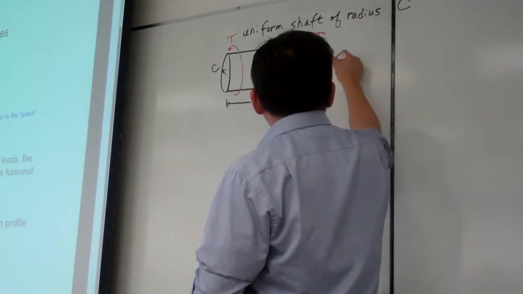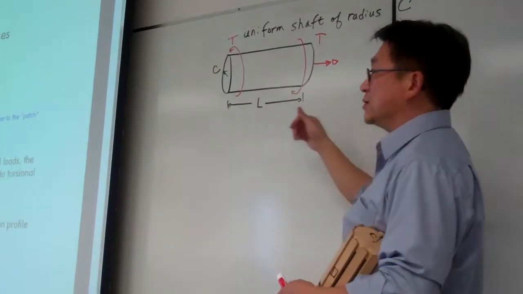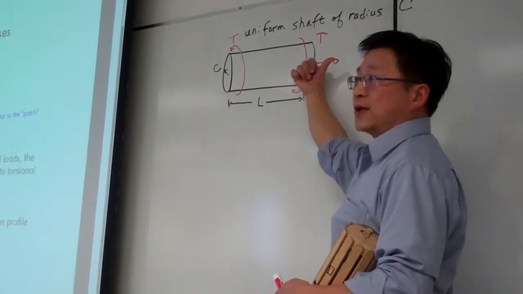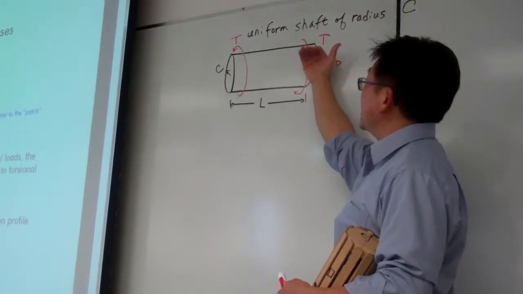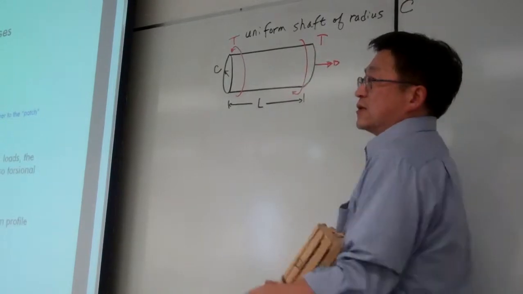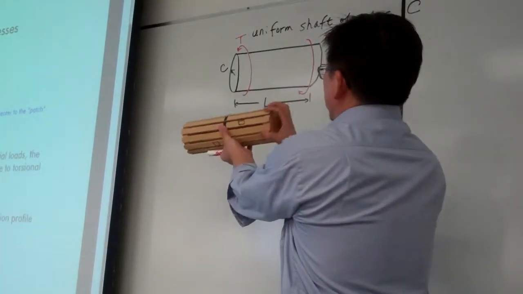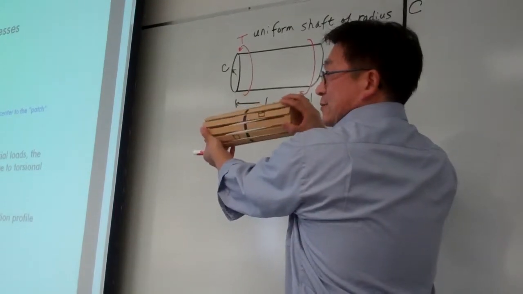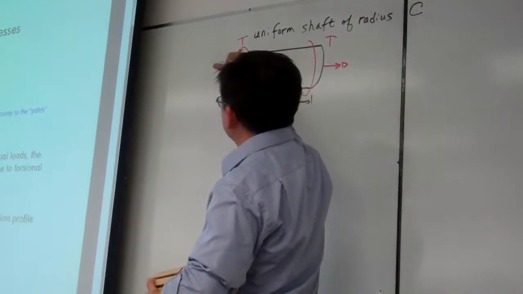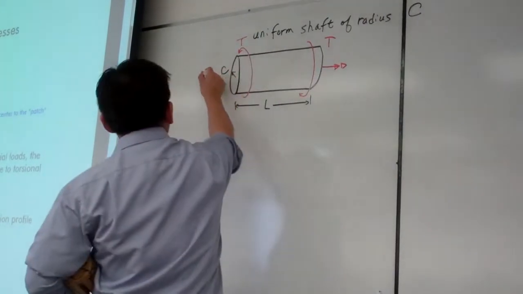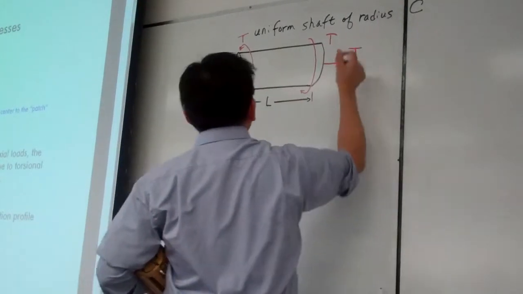We use a double arrow to indicate this is a torsion. So if we align the right thumb to the double arrow direction, then the four fingers circulate in the direction of the torsion. For this side, we circulate our four fingers, and the thumb points there. So this is T, in balance.